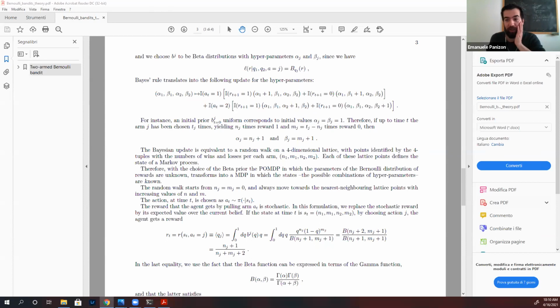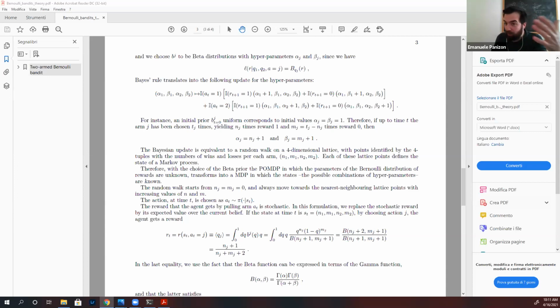Let us imagine that we have such fails and successes, and then my belief can be perfectly described by a beta function using these four parameters. So we can use these four numbers to rewrite everything as a Markov decision process.